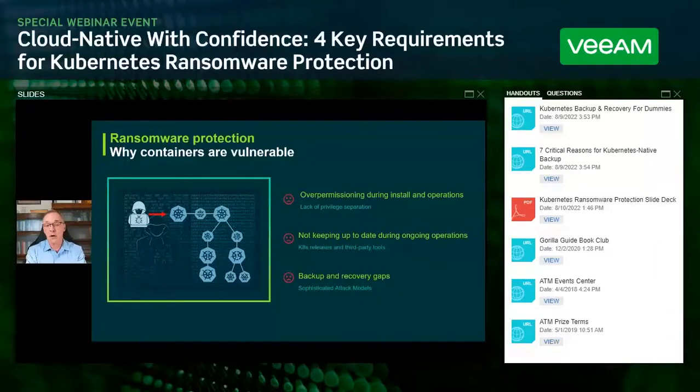Gartner has also estimated, kind of in line with the World Economic Forum, that 95% of cloud security incidents through 2025 are going to be due to configuration errors. So if we've got a new environment with folks running it who are used to moving fast and whose primary responsibility has not historically been security, it makes it much more likely that we might run into gaps or omissions in our security policy.